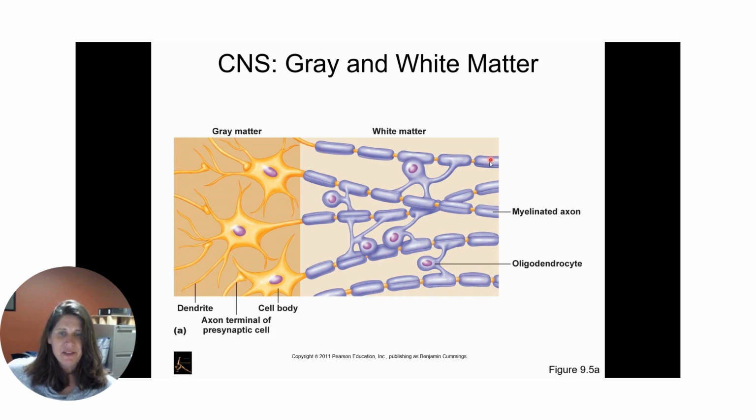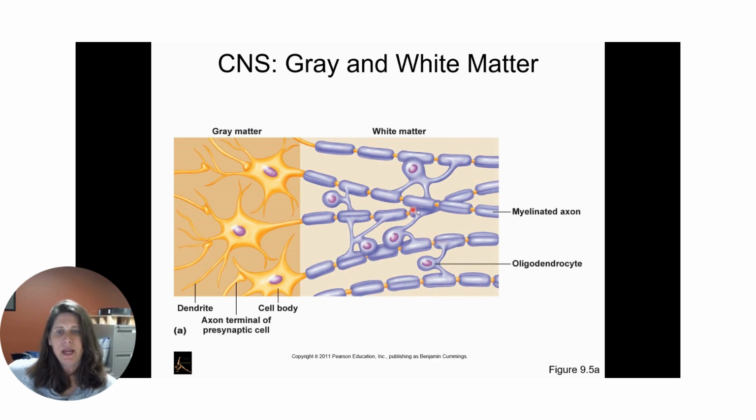The axons, especially when they have the myelin from the oligodendrocytes in the CNS, the brain and the spinal cord, that myelination makes it look real shiny and white. So we refer to that as the white matter. White matter is usually where signals are being sent or received.